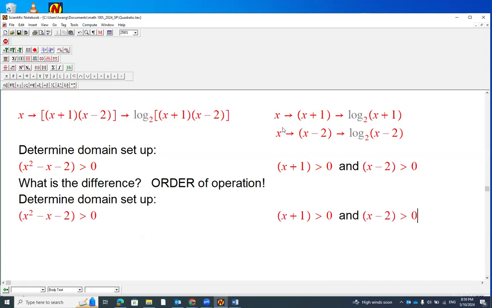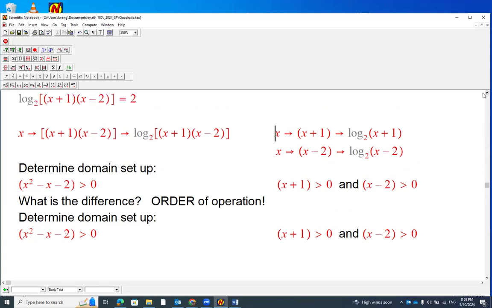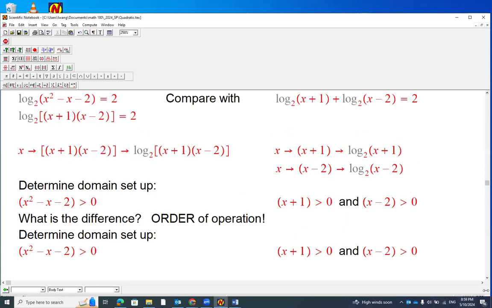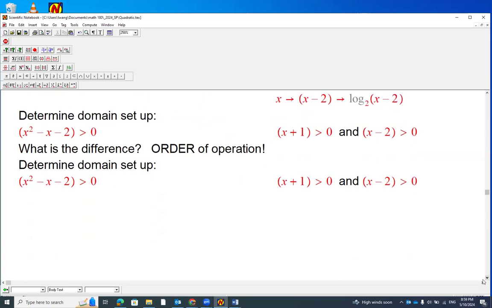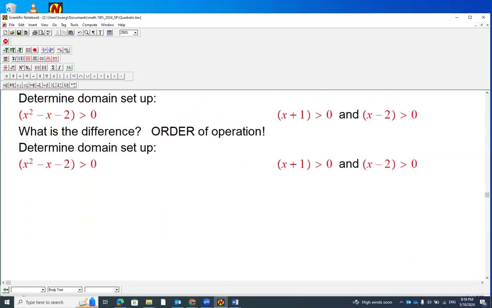You may not be thinking of the latter, the other form, but I want to show you the setup makes a big difference.